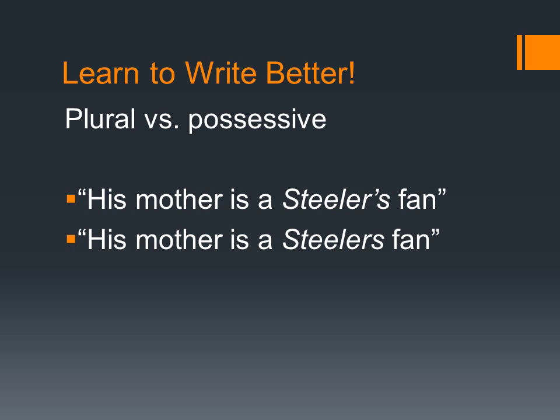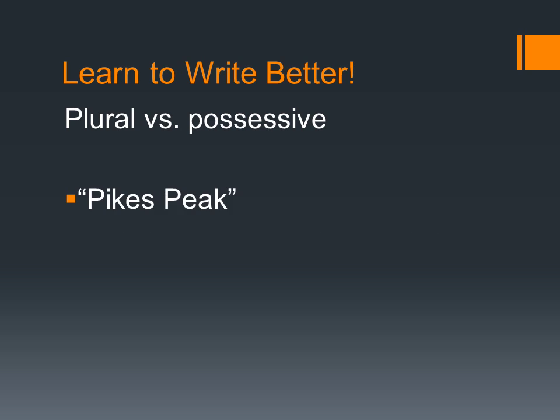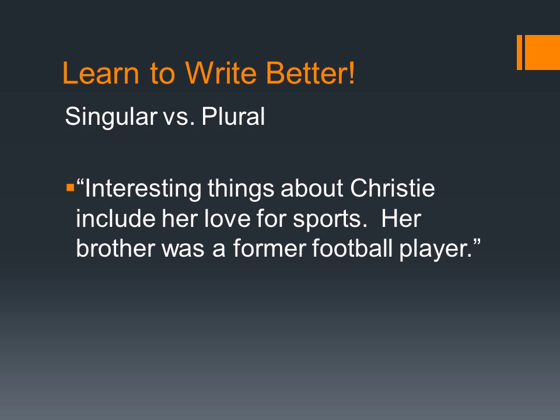No. His mother is a Steelers fan. Steelers is plural, not possessive. And so we simply add the S to Steeler to indicate the correct title of the team. On the other hand, Pikes Peak without an apostrophe is not correct. Pike's Peak with an apostrophe is correct.